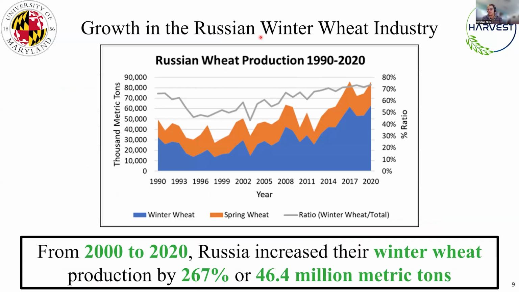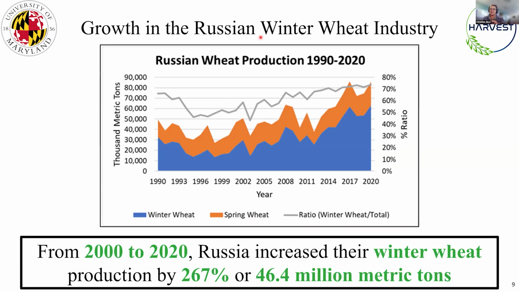So when I was a PhD student, very early, we were looking at statistics for a lot of different countries. And I saw for Russia, just looking at their statistics coming out every single year, this is how much we produce, this is our cropland area, this is our yield. I saw that in the past 20 years, they increased their production of winter wheat by 267%.